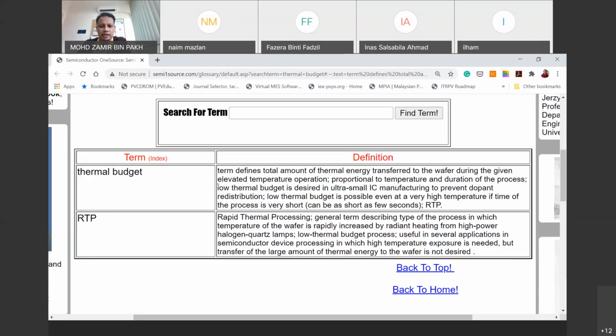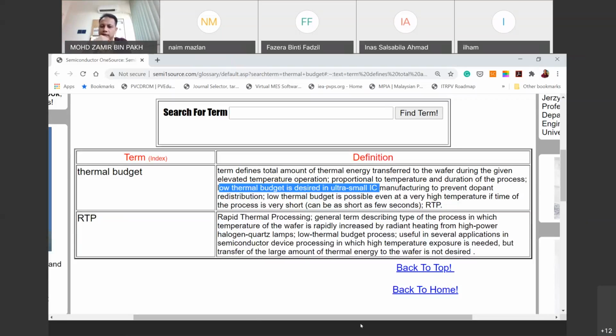Low thermal budget is desired. So we want to have low thermal budget throughout the process cycle, but we have no choice but to induce some high temperature processes as well during the process. So in ultra small IC, we want low thermal budget, especially when the distance between your gate is very small and the isolation is very small.